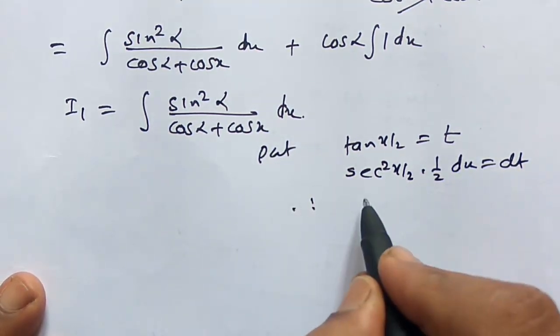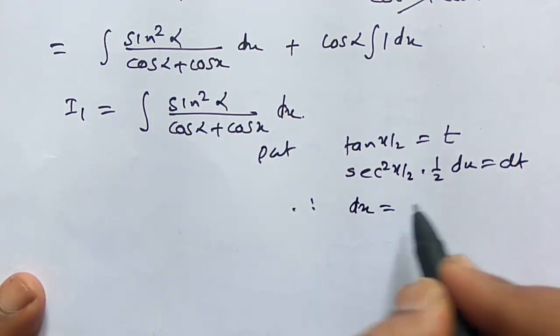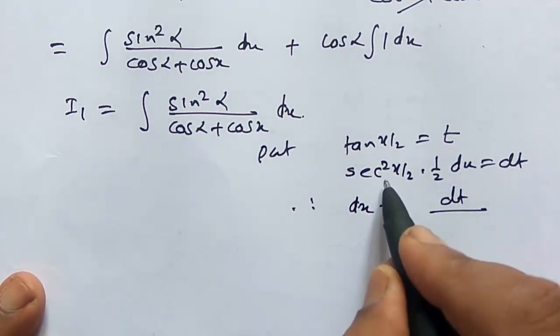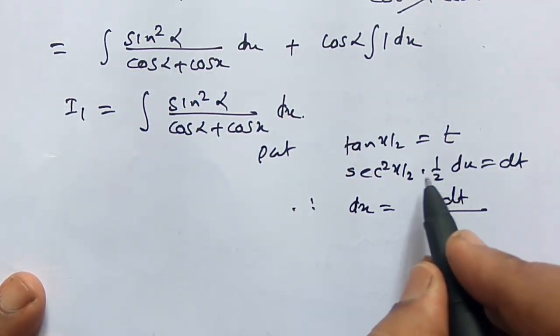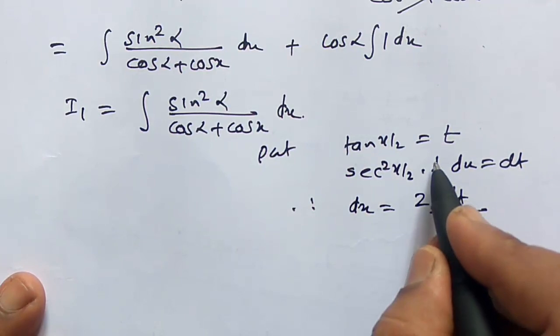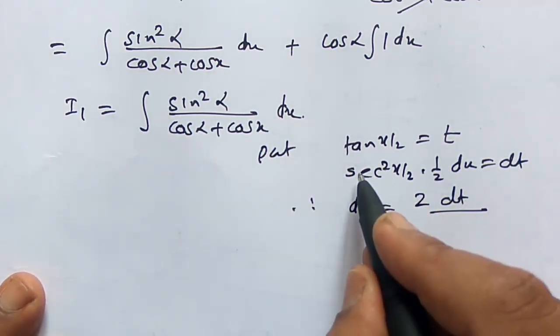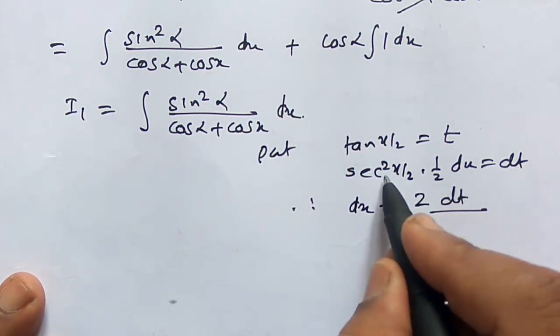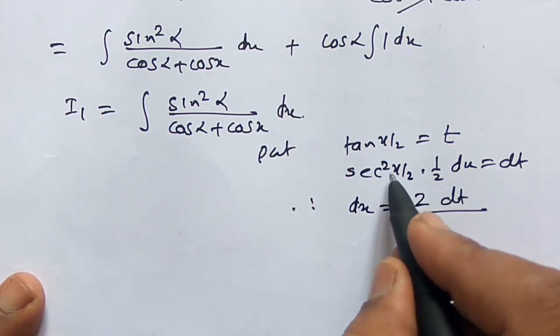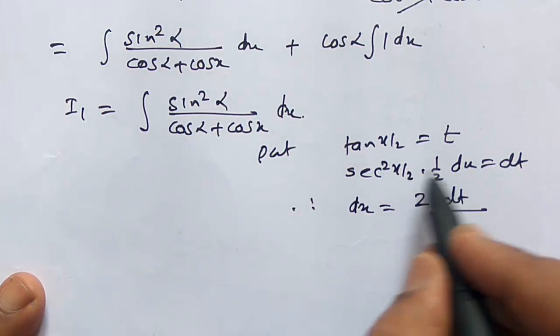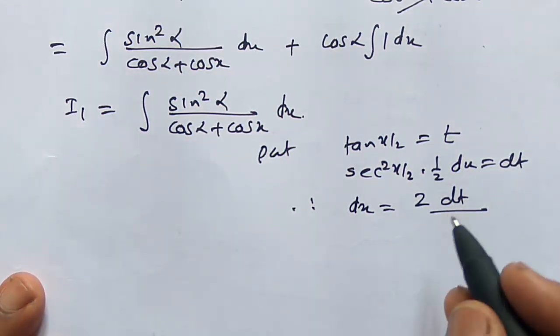Therefore dx is equal to dt upon, here 2 is divided so it gets multiplied to the RHS, and sec square x by 2 is multiplied on the left hand side so it gets divided on the right hand side.